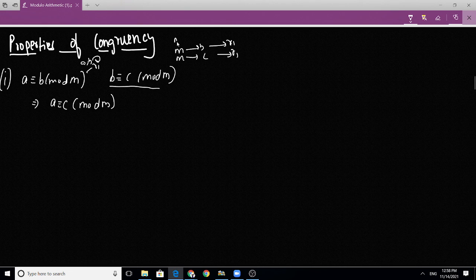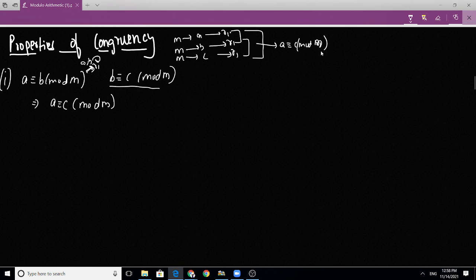Because we already know that when M is dividing A, it leaves a remainder R1, we can directly make a relation between these two as A congruent to C modulo M.